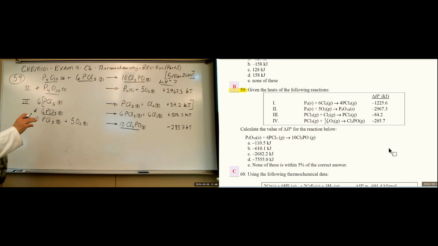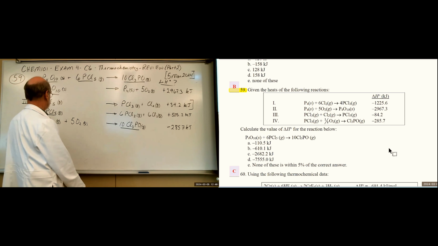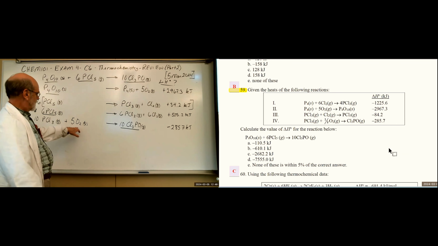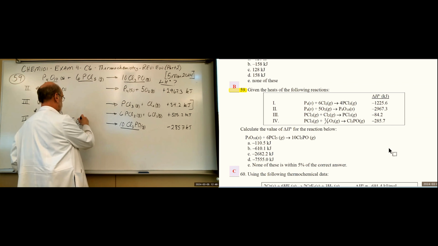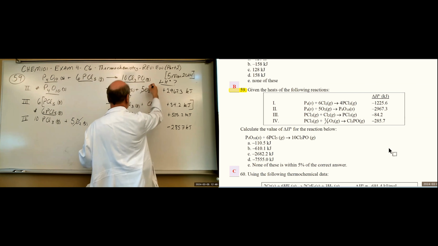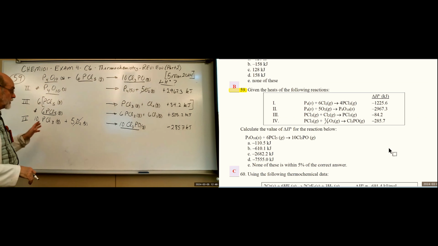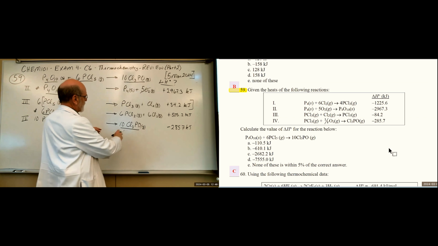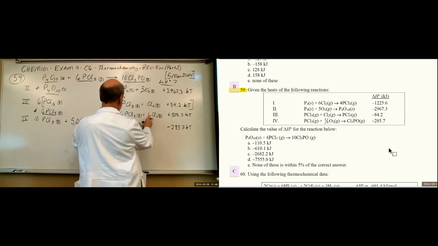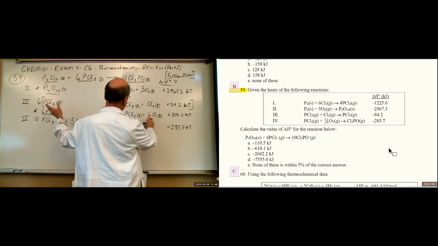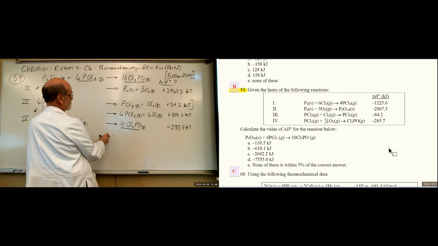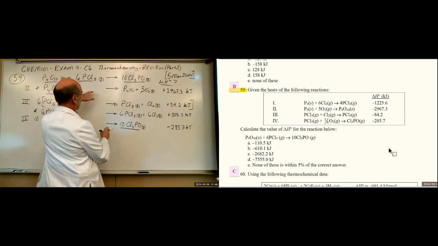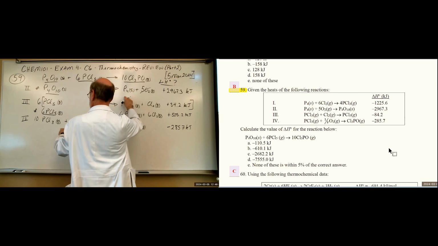Now, what we need to do is see, are we left with anything that's not supposed to be up there? All right, and the answer is yes. The oxygens cancel: on this side you get 5 O2s, and that side you get 5 O2s. So that's good. But on this side you have 6 chlorines with nothing to cancel them with, and P4 with nothing to cancel.